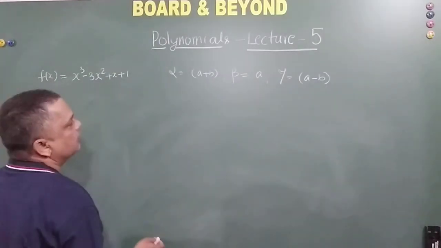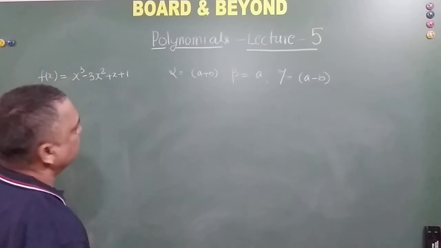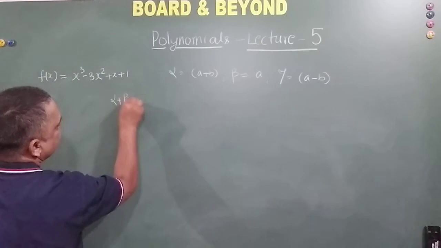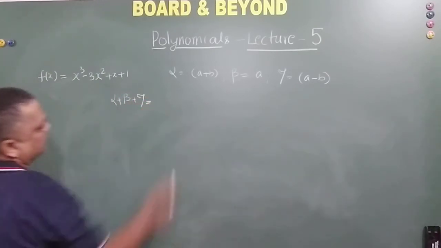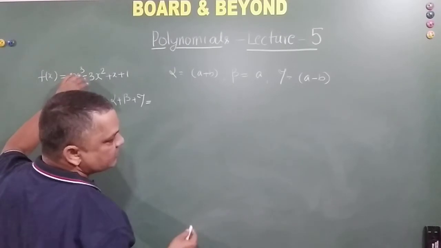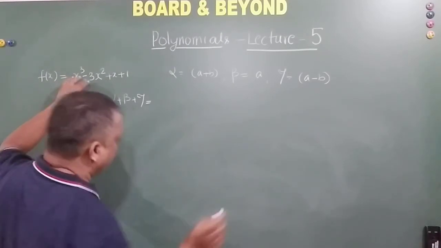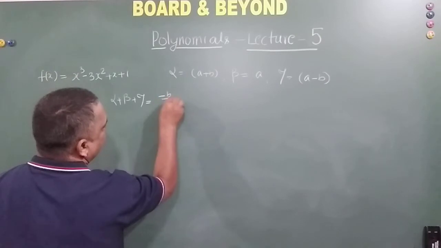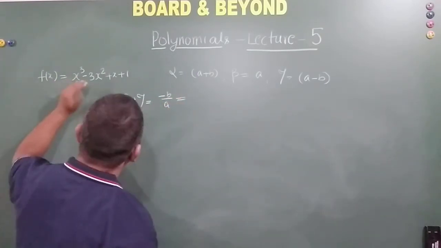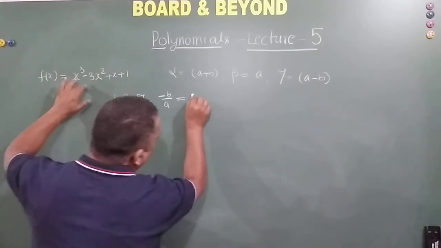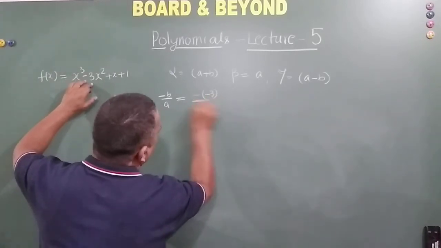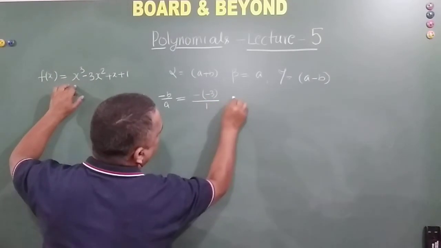So alpha plus beta plus gamma is equal to how much, my friends? It is minus b by a, which in this particular case, look at the original equation, minus of b is nothing but minus of minus 3, and a is nothing but 1, so this is equal to 3.